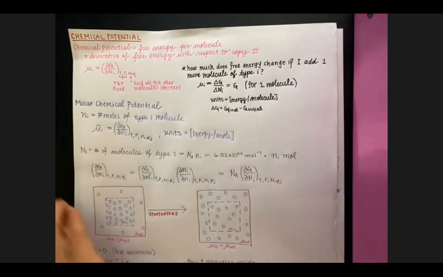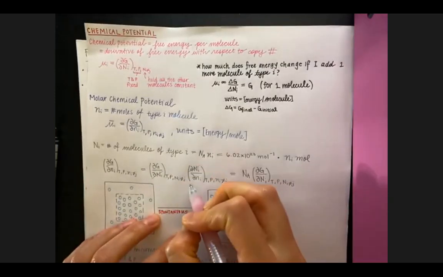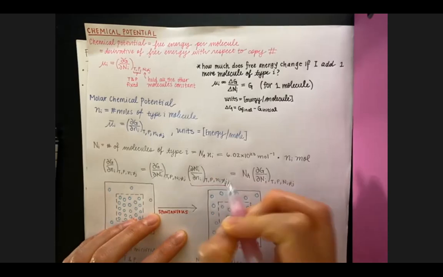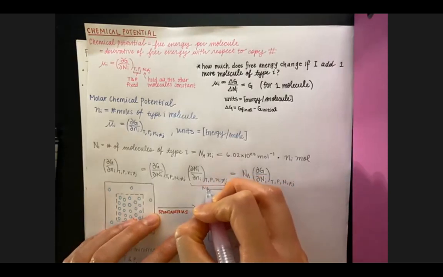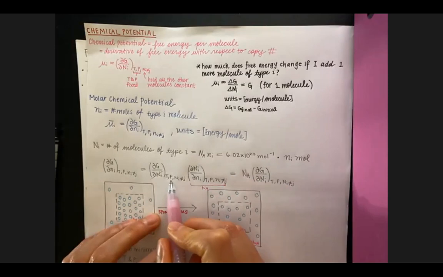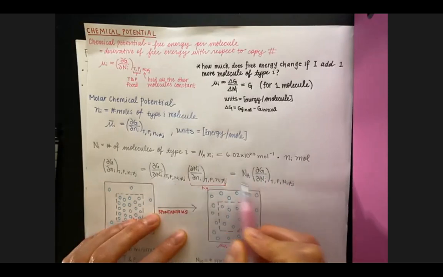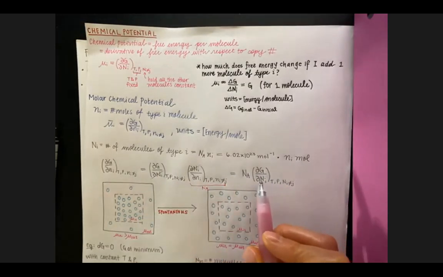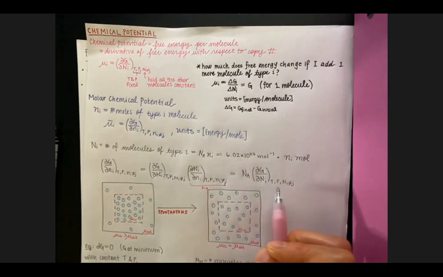And then this term equals Avogadro's number, and so we can see that this is the final expression you're left with, and so that's the free energy of an Avogadro's number of molecules.